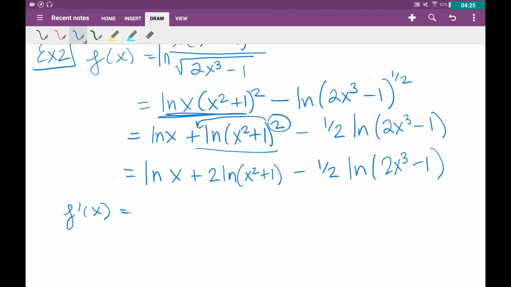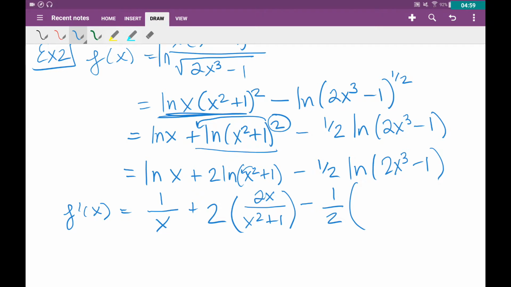So the derivative of the natural log of x, the derivative of x is just 1 over x, plus 2 times the derivative of the natural log of x squared plus 1. Remember, take the derivative of the stuff inside the parentheses, so the derivative of x squared plus 1 is simply, bring the 2 down, so it's 2x over all that stuff, so x squared plus 1 on the bottom, minus 1/2 times, again, the derivative of all this stuff on the inside.